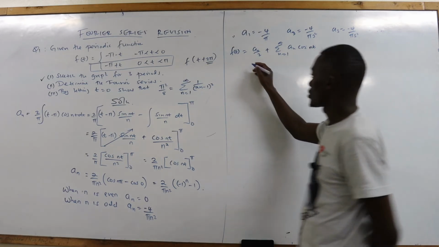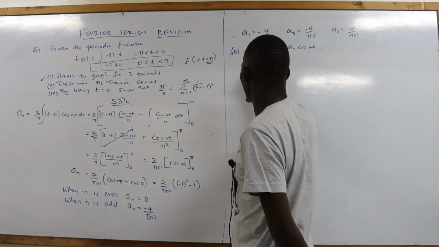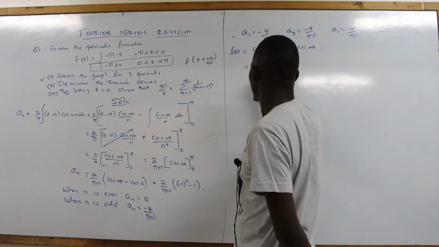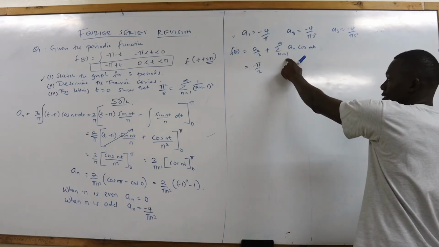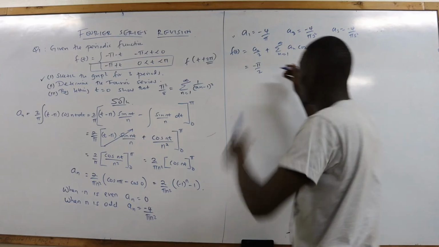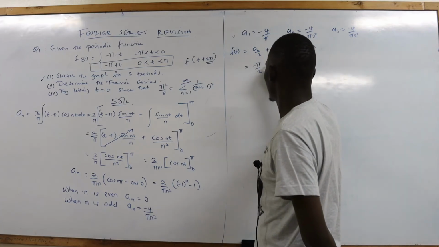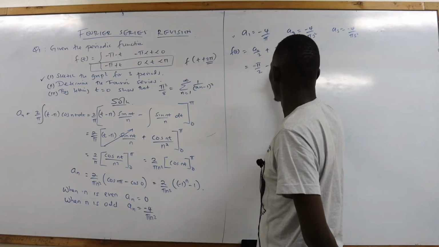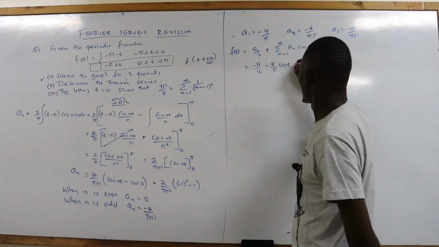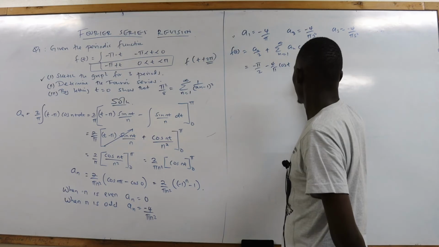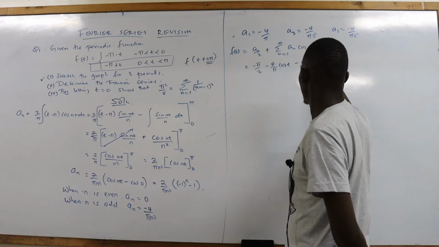So what was our a0? Our a0 was negative pi over 2. I can write it first generally, then I'll write it in terms of the summation. We start with the first one, negative 4 over pi, then cos, this one is 1, so t. Then minus 4 over pi times 3 squared, this one will be cos 3t.